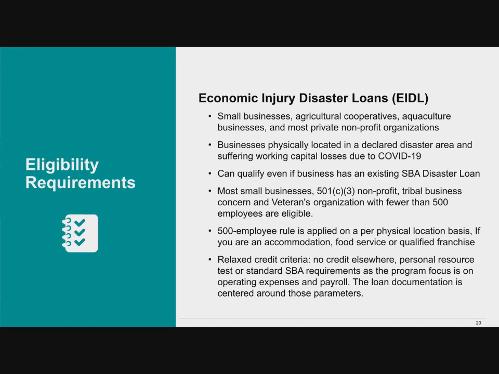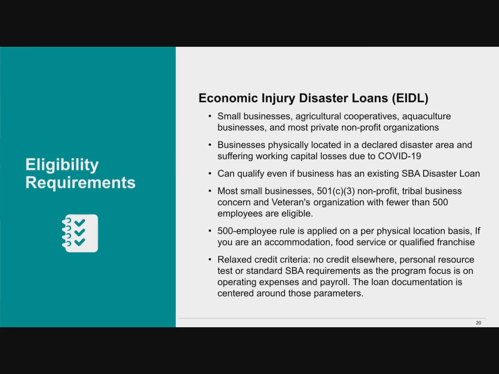SBA's maximum were increased for PPP. Normally, SBA's maximum is $5 million per loan. If you are at that $5 million limit, you can still get an economic injury disaster loan of up to $2 million, depending on what it is.